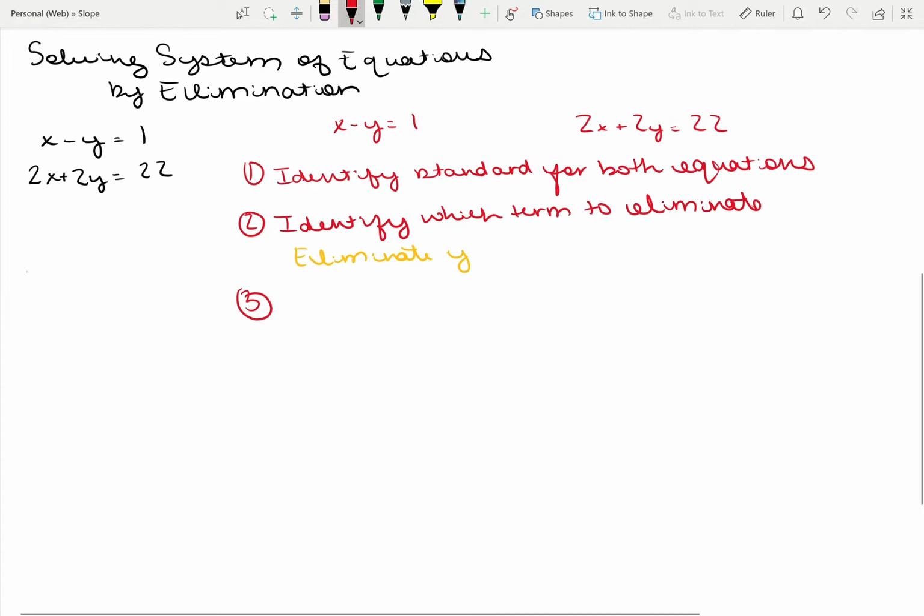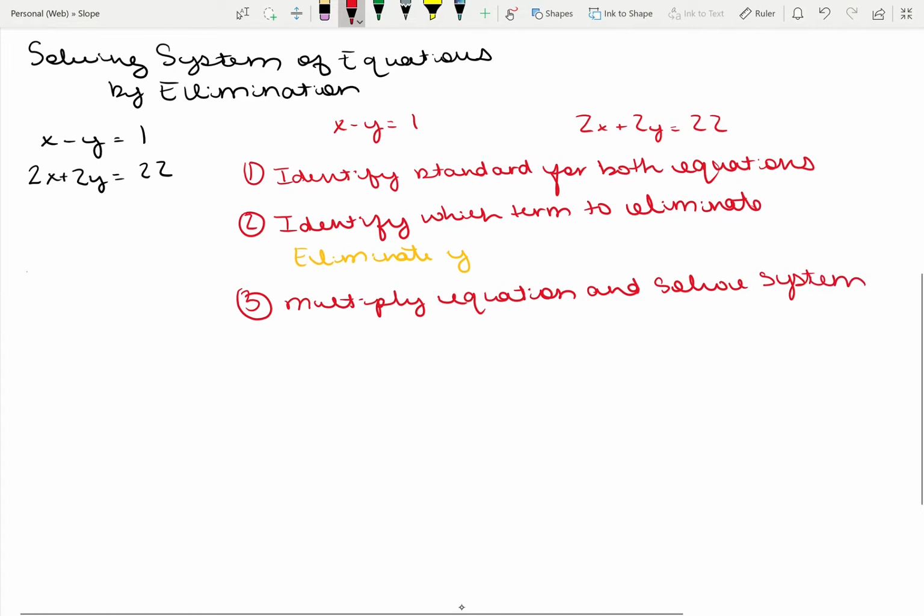So what is the number that I can multiply negative y by such that when I add it to 2y, I will get 0? So multiply equation and solve system.